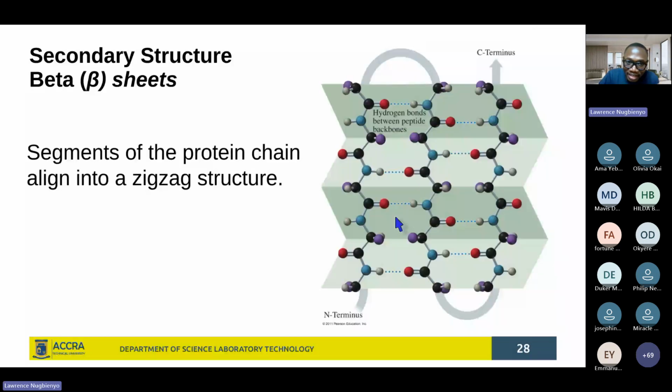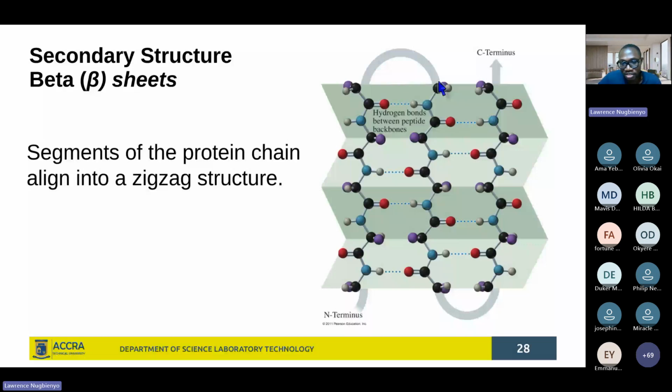Now the second secondary structure we are looking at is beta sheets. This time around, you have a peptide or a protein which is folded in such a way that the peptide chain is having some parallel and anti-parallel sides.